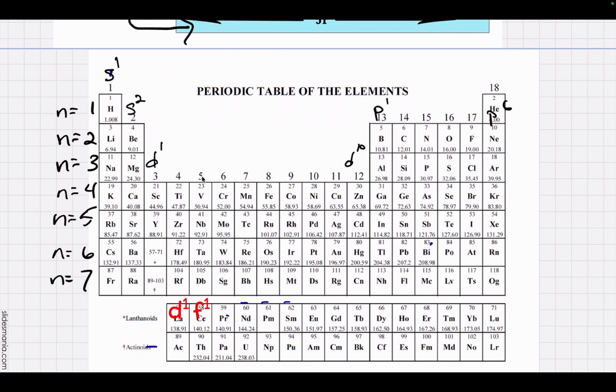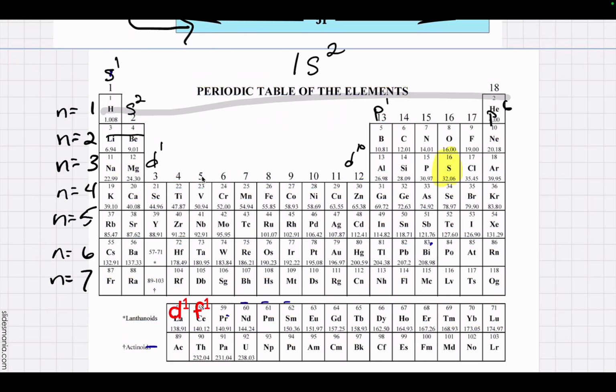So the first example I'm going to do is sulfur. And sulfur's right here. I'm going to write the electron configuration by essentially reading like a book, left to right, top to bottom. So I would write down 1s2. So I know my first 2 electrons are going to go in the first energy level in the s sublevel.